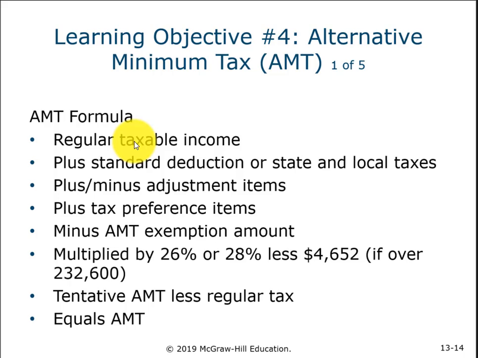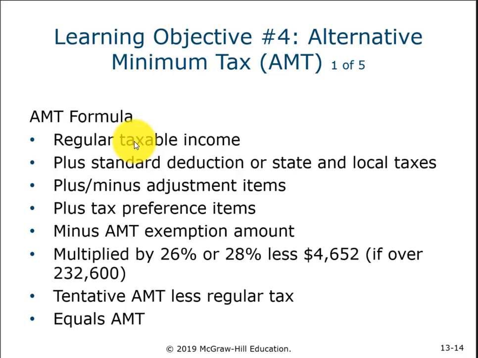Then there are some other adjustment items and preference items listed on Form 6251. Some are very rare, really oddball types of things that have very specific situations, but we'll look at some of the most common ones in just a minute.